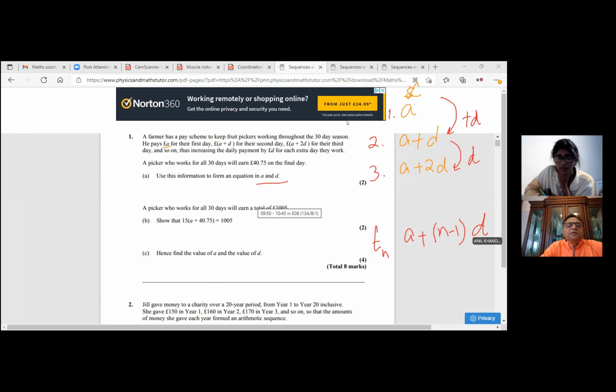So that becomes the equation, right? A picker who works for all 30 days will earn 40.75 on the final day. So on the 30th day, the earning is 40.75. That's what they're trying to say, right? Yeah. But anyway, part A is use this information to form an equation in A and D. So that becomes an equation in A and D where Tn is the earning on the nth day.